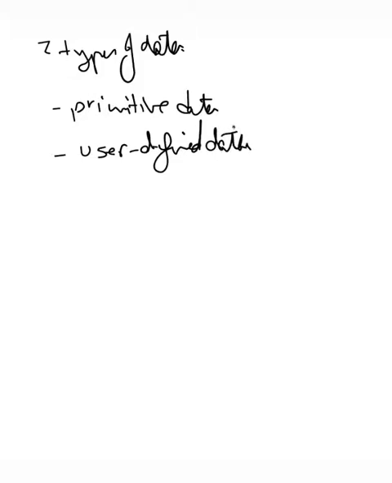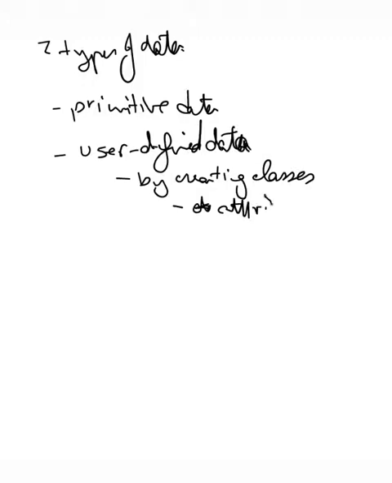And we said that you can create user-defined data by creating classes. A class has data attributes, which represent its data members, and it has methods or actions, which represent the behavior that should be performed on the data that the class represents.